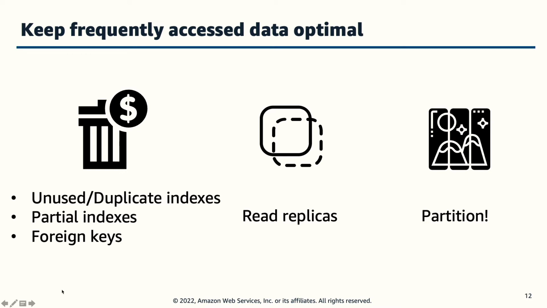You're reducing the number of buffers that have to be touched per insert or update operation, and the overall volume of buffers you touch per operation. By doing that, you're going to reduce the buffer content locks. So the low-hanging fruit is usually: do I have any unused indexes? Do I have any duplicate indexes? And if so, I need to get rid of them.